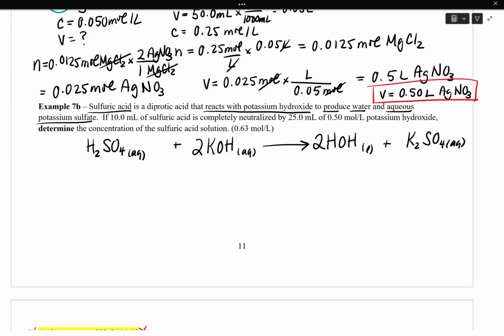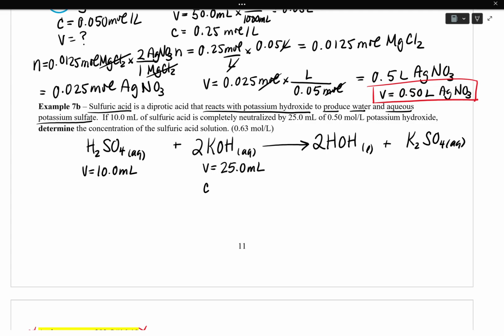Next step, let's list everything that we know. So the volume of sulfuric acid is 10.0 mL. We are going to neutralize it with a volume of potassium hydroxide of 25.0 mL.